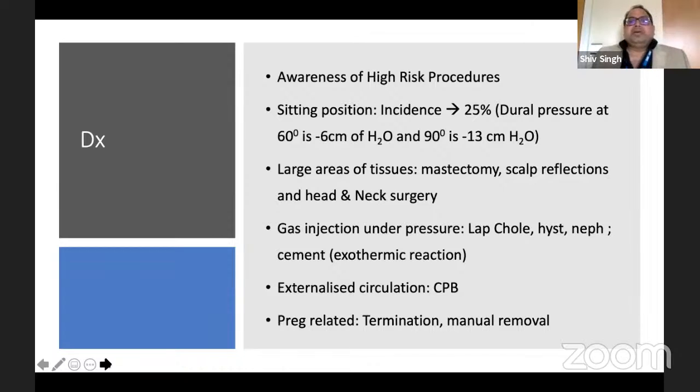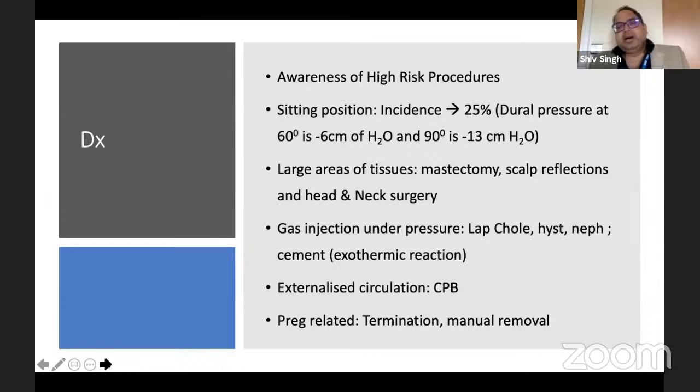Okay. So for diagnosis, we always need to have a high degree of suspicion, especially when patients are in a sitting up position or where the operating field is above the heart level. The incidence is around 25% in patients where the dural pressure at 60 degrees is almost minus 6 centimeters of water, and at 90 degrees is minus 13 centimeters of water.